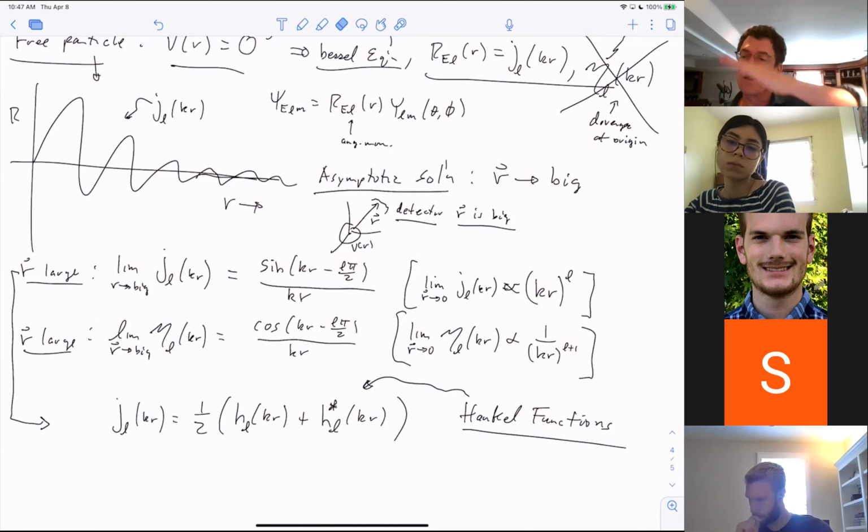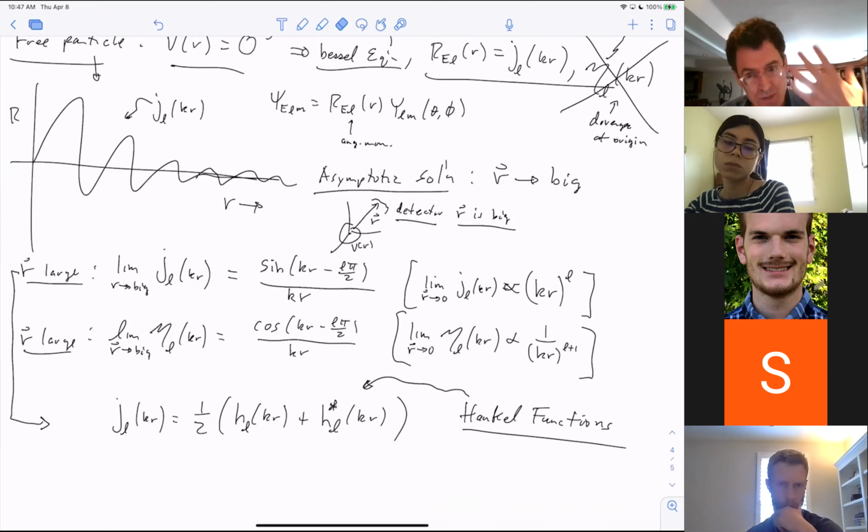Complex waves. And so the Hankel functions are the ones that represent the e to the ikx. That's why there are really three: the Bessel, the Neumann, the Hankel. But don't be confused, because they're really just the analog of the sine, the cosine, and the e to the ikx.